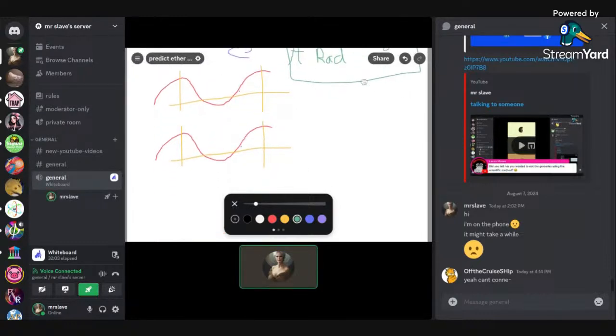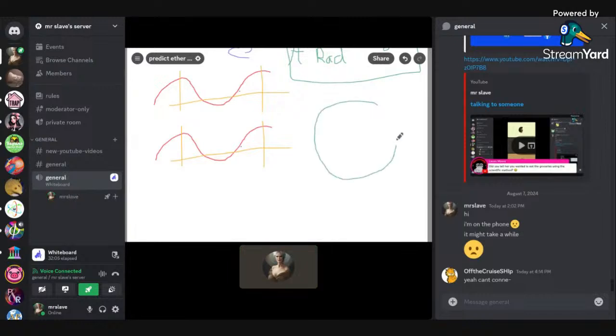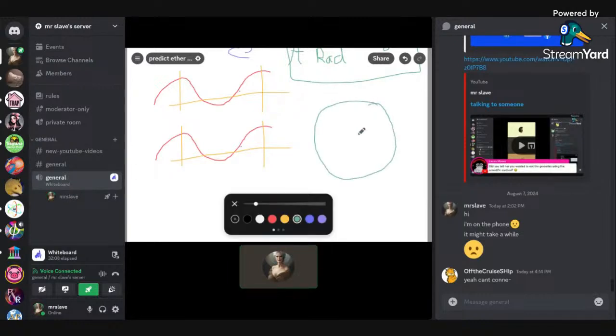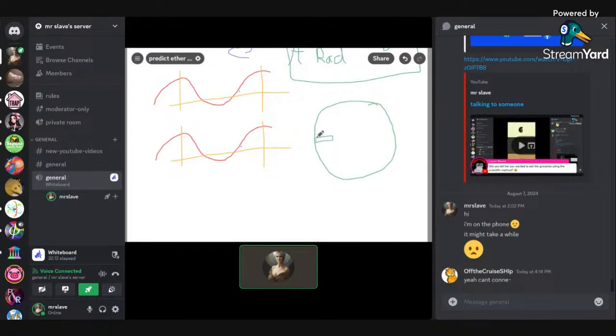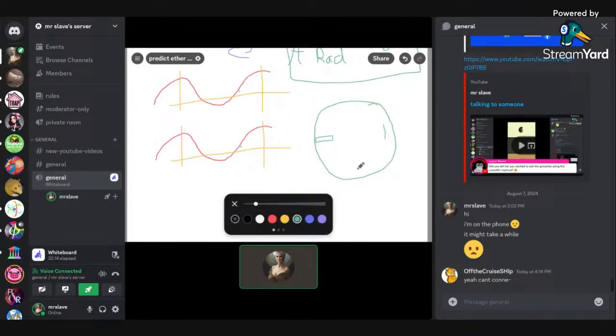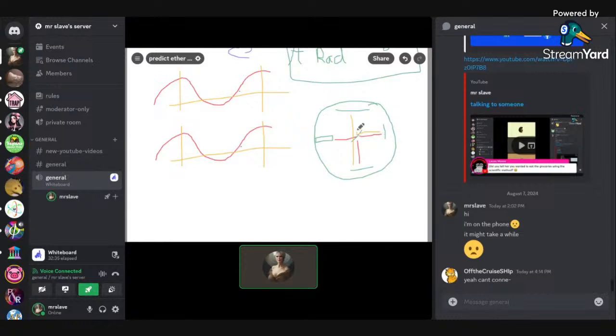So we have the interferometer. And basically, the emitter, mirror, mirror, display, half mirror. So, original, original, original, back, back, back.